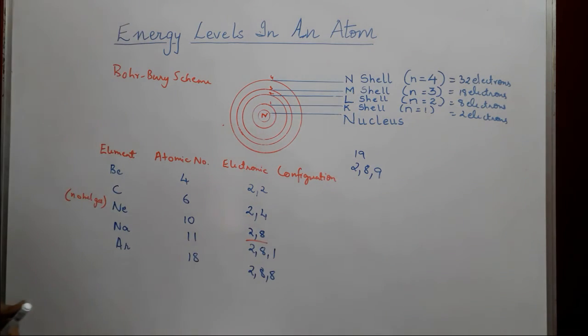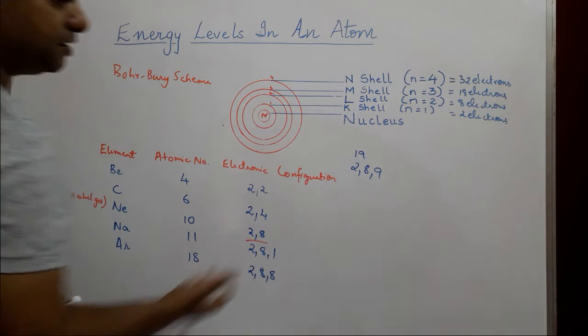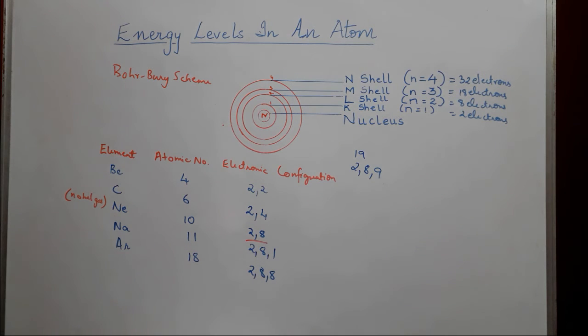Logically speaking, it should be 2, 8, 9, but it is not according to the Bohr-Bury scheme. According to the Bohr-Bury scheme, the outermost shell can't hold more than 8 electrons.